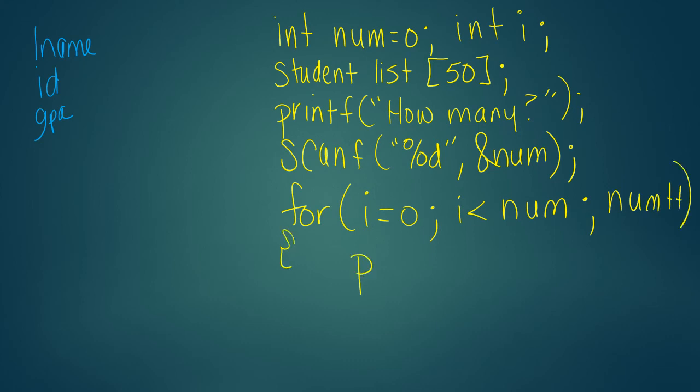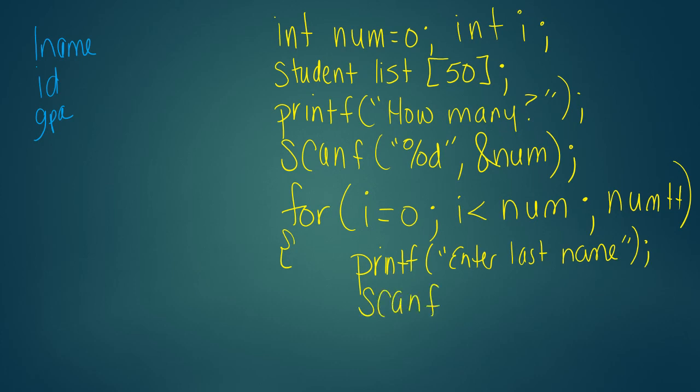And then I could fill in field by field. Enter the last name, then I would scan %s into list at index i, because I'm going to start at location 0, dot lname.